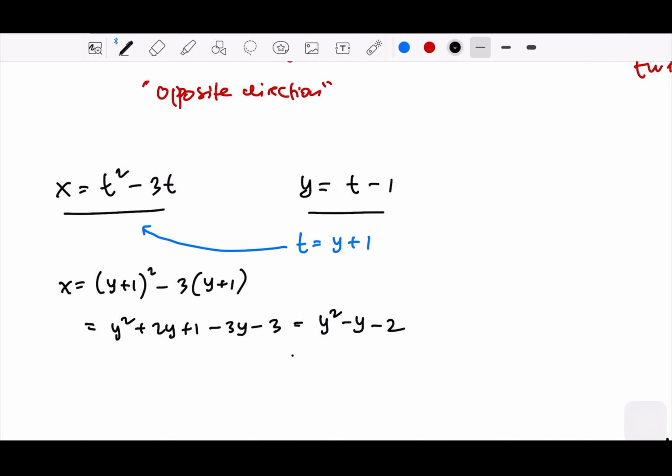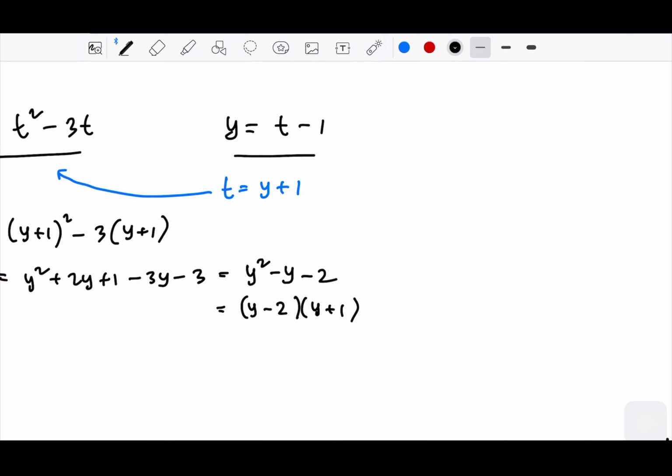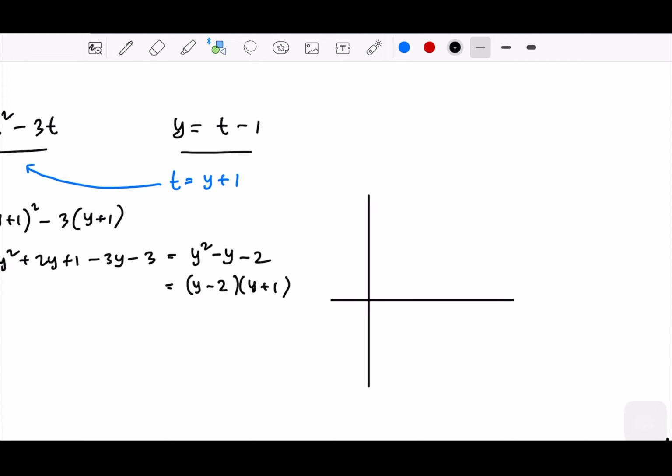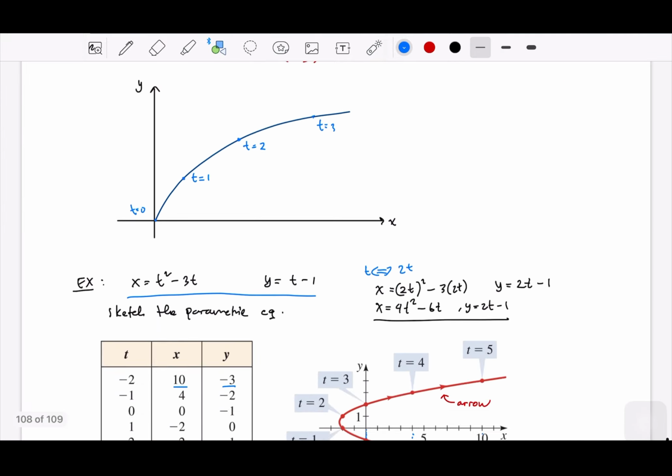Now these equations, if we factor out, we get that, right? And of course, if we try to draw the curve, that is the same curve as the previous one, like this curve here.